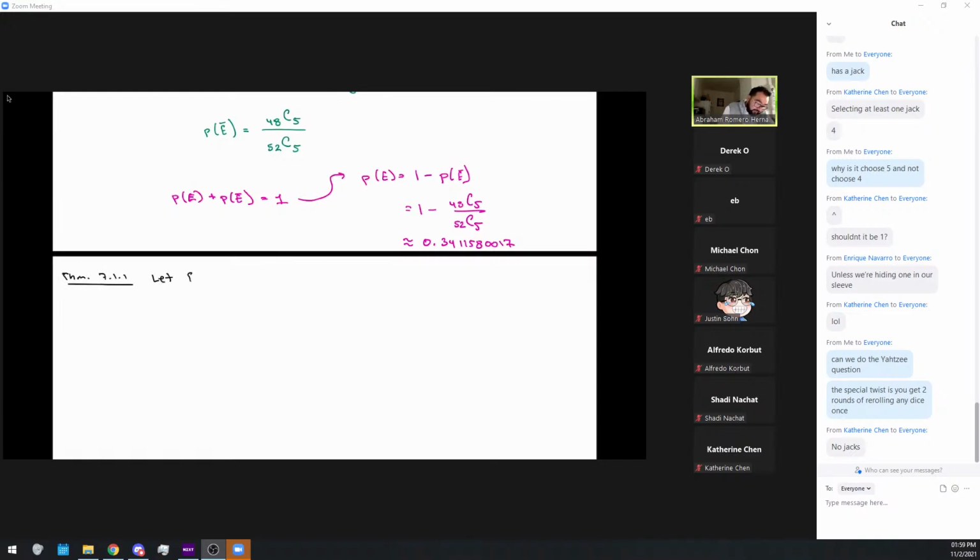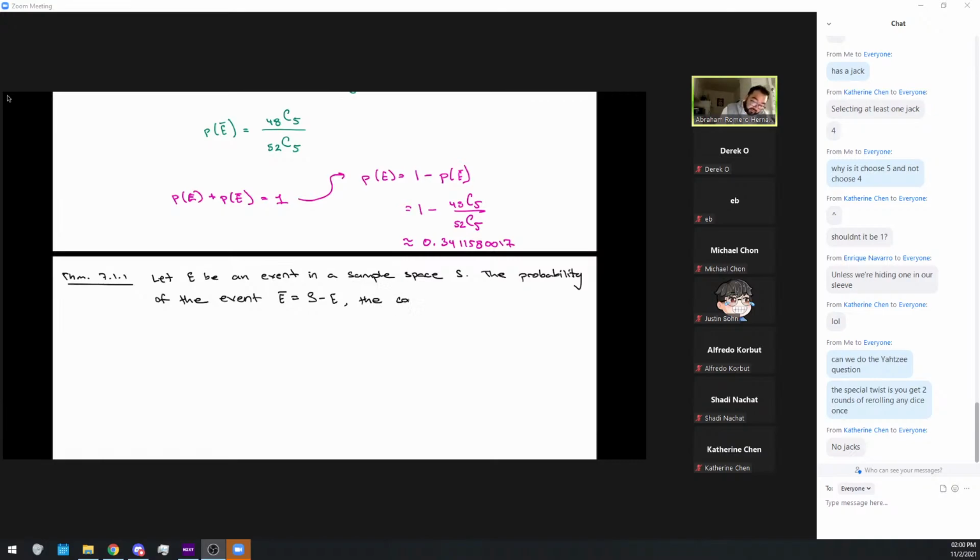Let E be an event in a sample space S. The probability of the event E bar is equal to S minus E, the sample space minus the event.